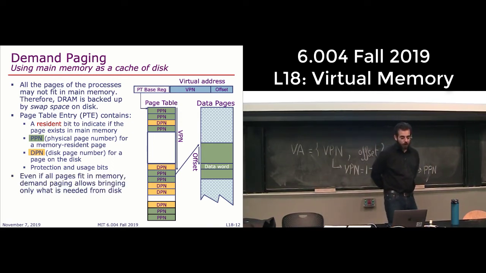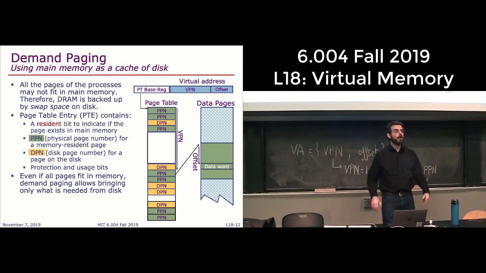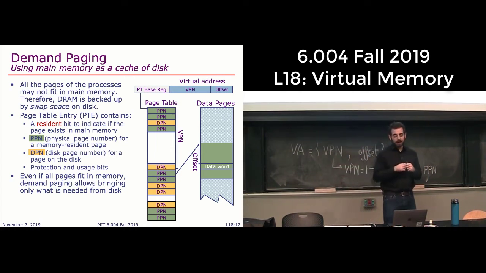And then what this enables is that even if all pages fit in main memory, so even for situations where the machine has sufficient memory, it lets the operating system be lazy. Right? So when you start a program, imagine that you have some giant program that takes hundreds of megabytes of code. The operating system could bring those hundreds of megabytes into main memory, or it could just bring the first page of code and start running that.